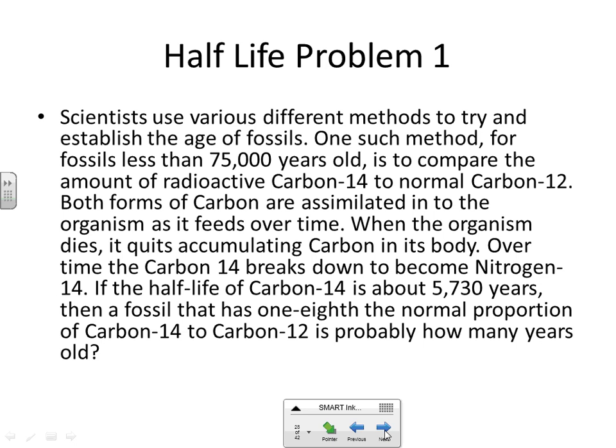About every 5,730 years, every half-life, about half of the amount of carbon that you started with goes away. One half every 5,700 and something years. So what this wants to know, if the half-life of carbon-14 is about 5,730 years, then a fossil that has 1/8 the normal proportion of carbon-14 to carbon-12 is probably about how many years old.